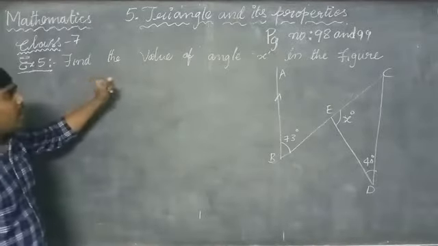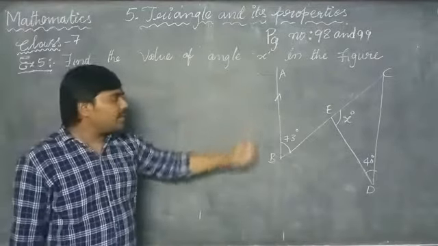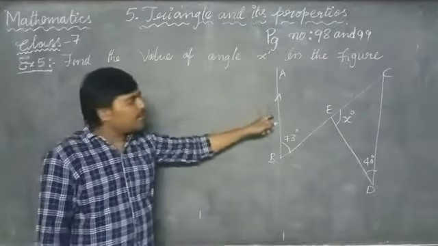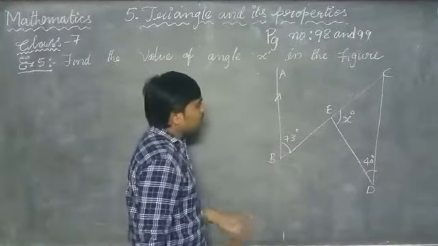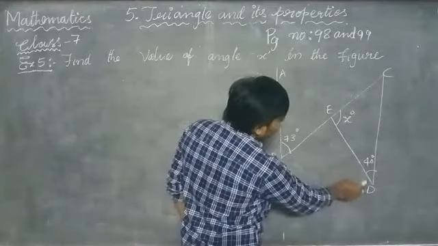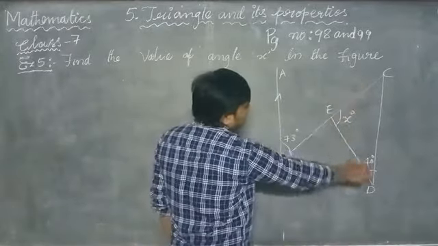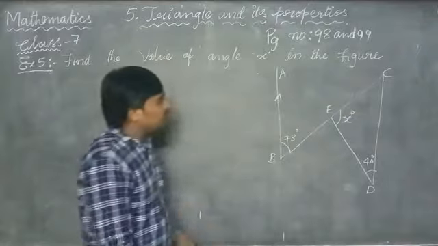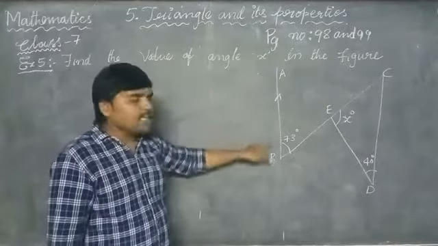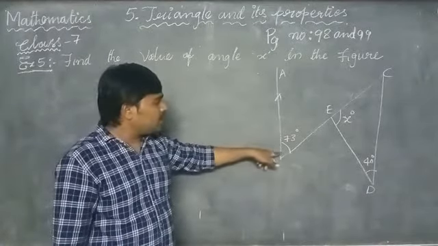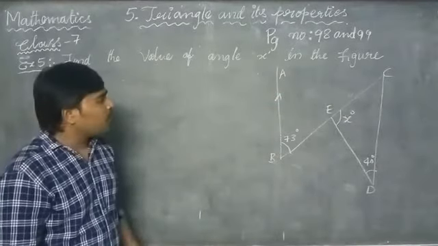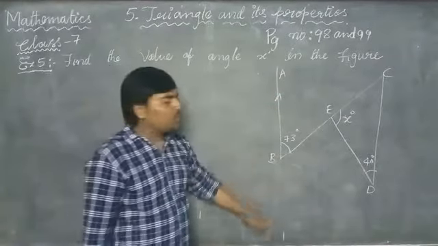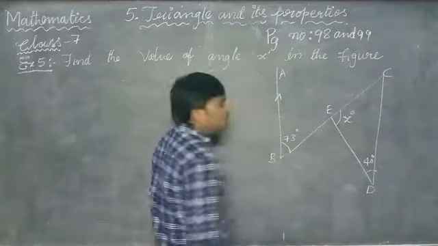Find the value of the angle x in the given figure. Suppose you see the given figure, here the line segment AB and here the triangle EDC, and AB is the line segment which touches the line segment EC. Okay. Here we have to find the angle x.